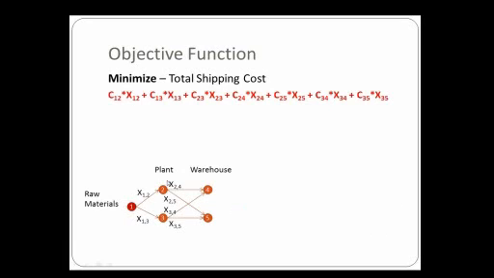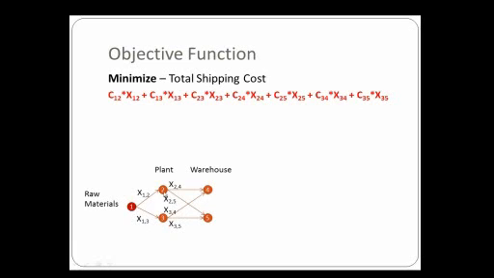If we look at some of these, the X terms, that would be the decision variable of the amount that is shipped from raw material to node 2. That's indicated by X12. X13 would be the amount of materials I'm shipping from node 1 to node 3. Then correspondingly, the amount that I'm shipping from 2 to 4 would be X24.